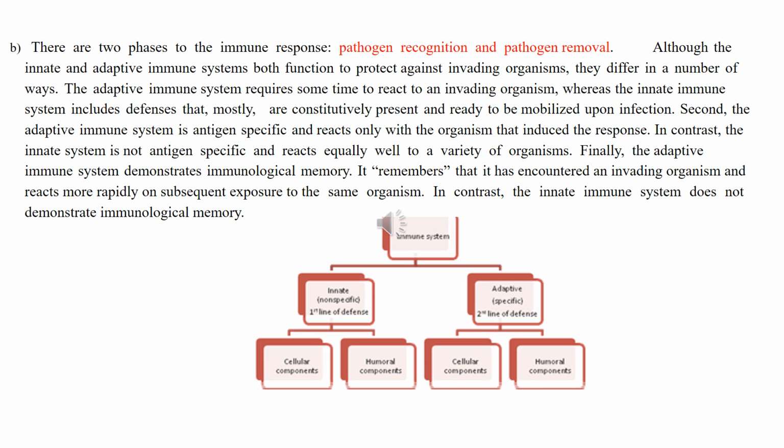Second, the adaptive immune system is antigen specific and reacts only with the organism that induced the response. In contrast, the innate immune system is not antigen specific and reacts equally well to a variety of organisms.